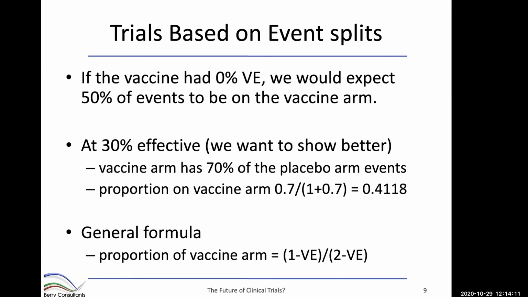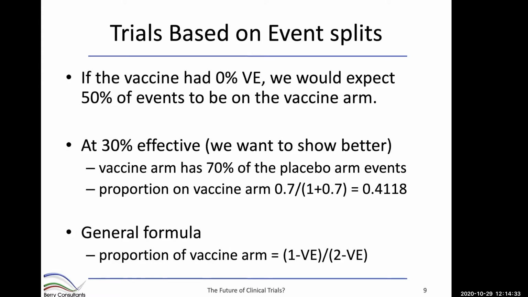Statistically, we know a lot about what to expect here. If the vaccine had no efficacy whatsoever, VE is vaccine efficacy, then we would expect half of them to be in each arm, 50% control, 50% treatment. If the vaccine is 30% effective, and keep in mind, 30% is viewed as the null hypothesis for a vaccine trial.